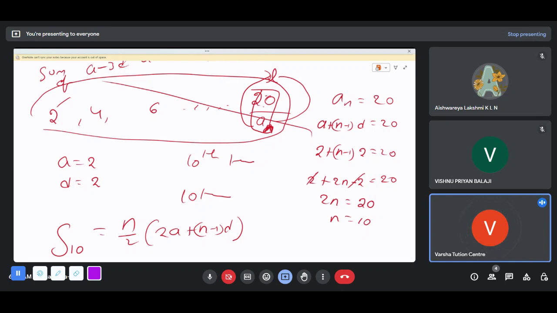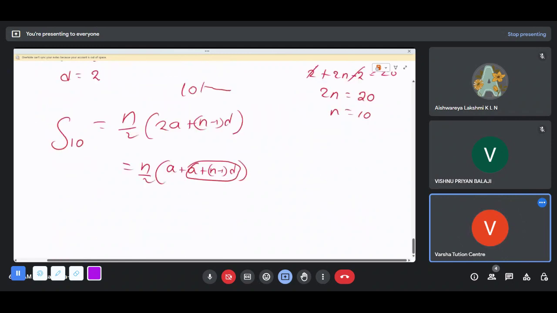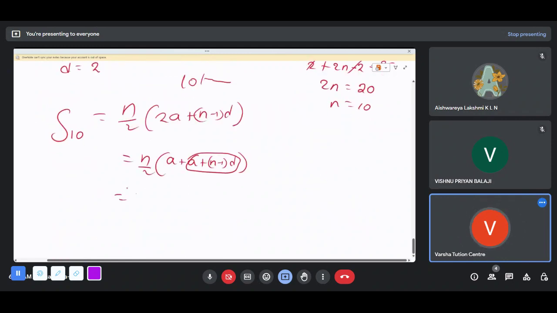Remember, whenever he gives the last term, the formula will become n by 2 into (a plus L). The formula will become simple here. Is that clear or not?